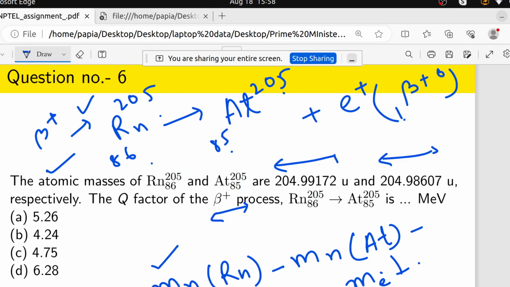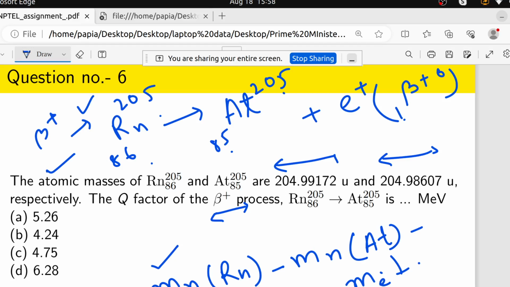Now we have to convert the nuclear mass into atomic mass. So for the atomic mass of Rn, what will be the value? Mn of Rn plus Me into Z. So what is Z for Rn? Rn has Z as 86. That means Mn of Rn plus 86 into Me.